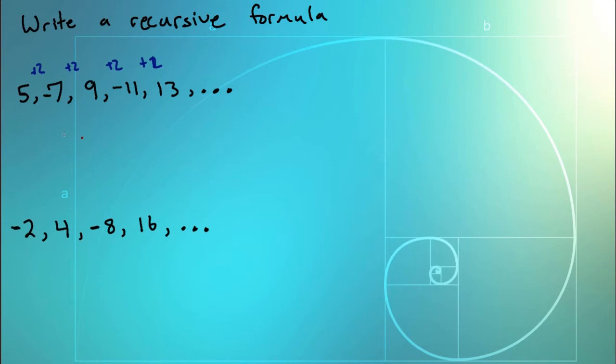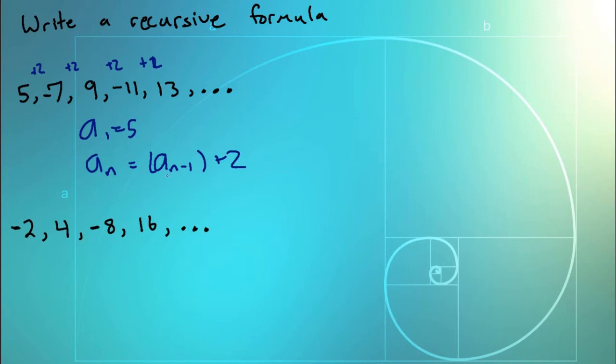So something we want to do is try a formula, test it to see if it works, and then make any changes that we might need. What I'm going to write in blue right here is my guess. I'm going to guess that I start at 5. That's a pretty good guess. I definitely start at 5. And I'm going to guess a sub n equals the previous term plus 2.